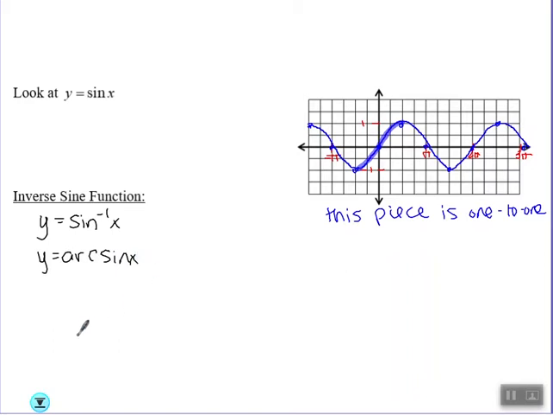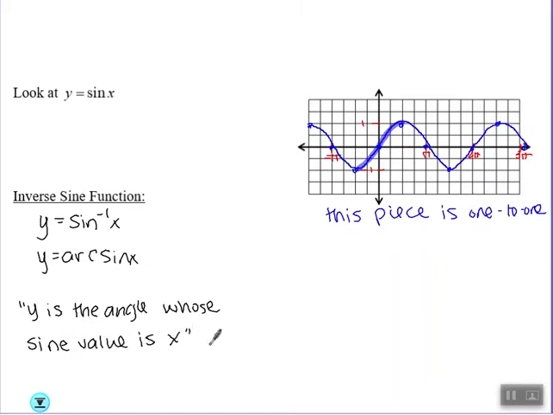Both ways are acceptable, and they are both asking: y is the angle whose sine value is x, or what angle has a sine of x?